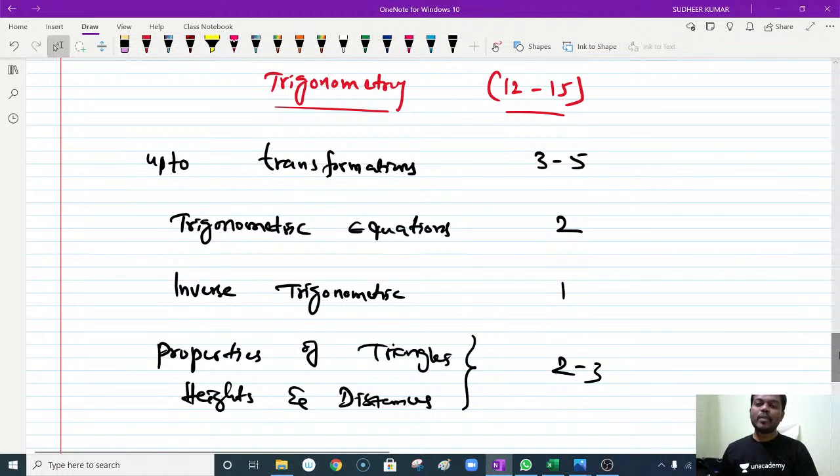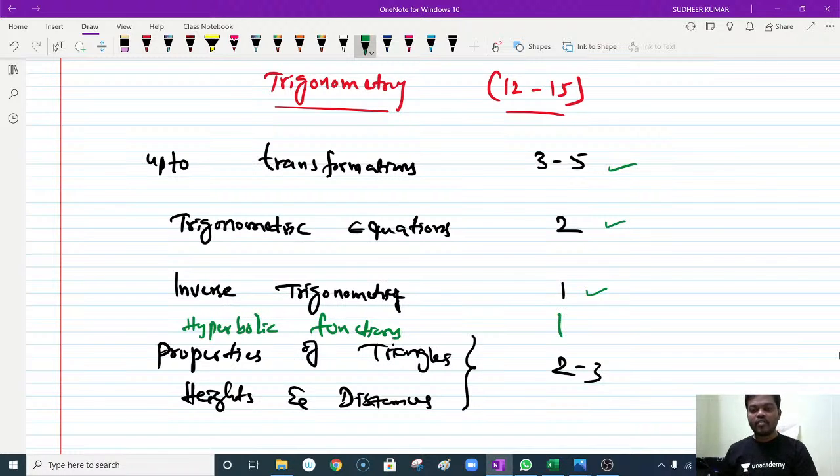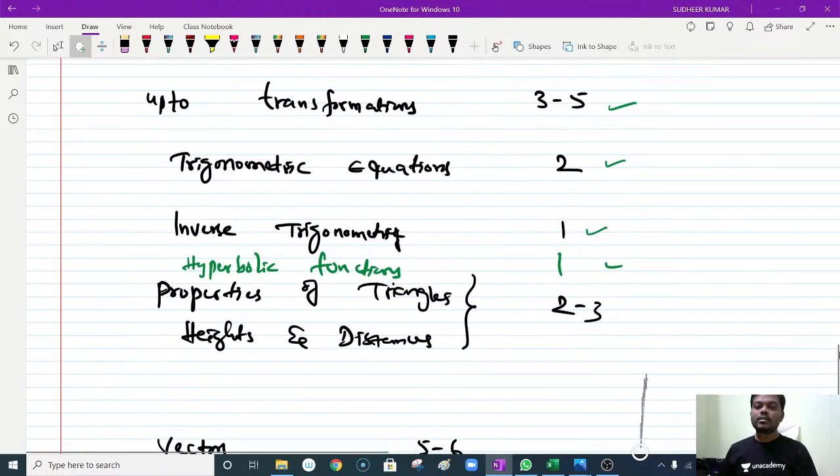Up to transformations 3 to 5 marks. Trigonometric equations 2 marks. Inverse trigonometry is 1 mark, and the next one is hyperbolic functions, 1 mark, right?